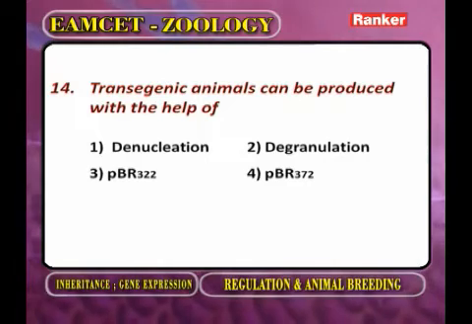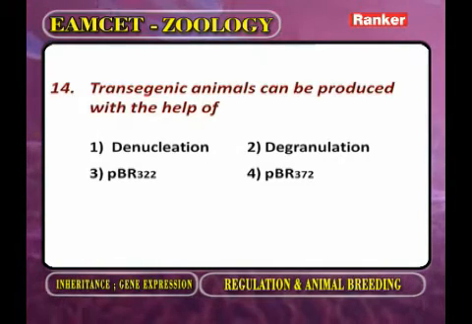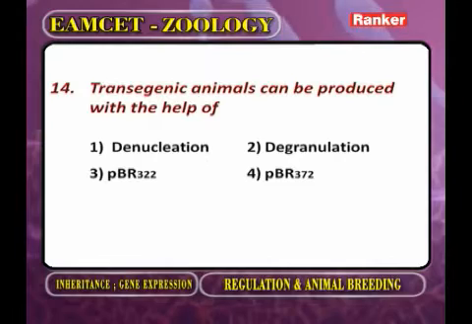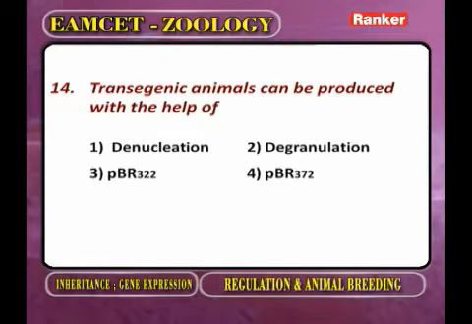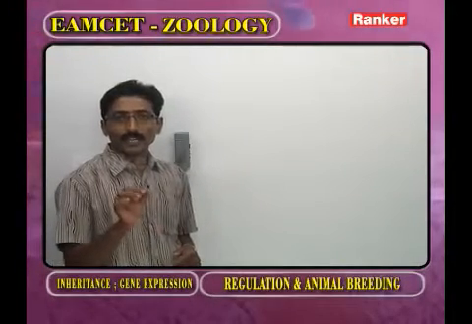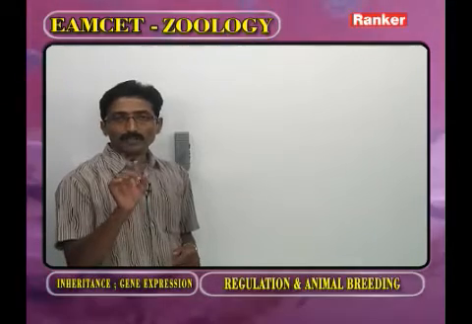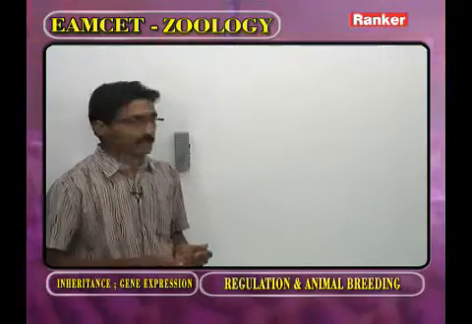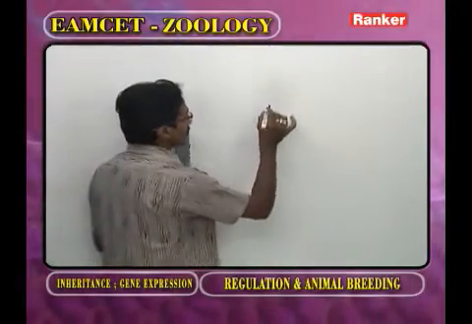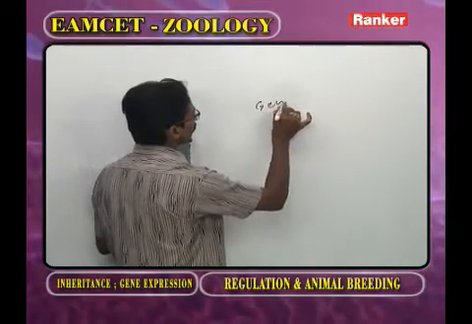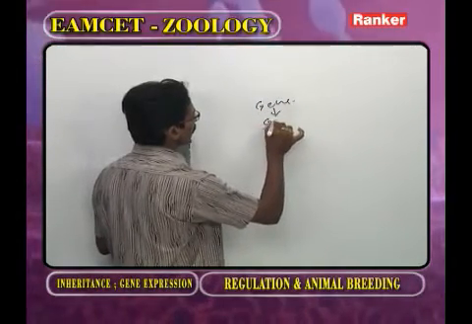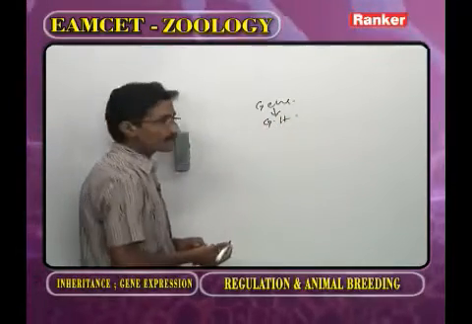Transgenic animals can be produced with the help of the transgenic animals first developed by Palmiter and Brinster. Now, Palmiter and Brinster took the gene responsible for the growth hormone.